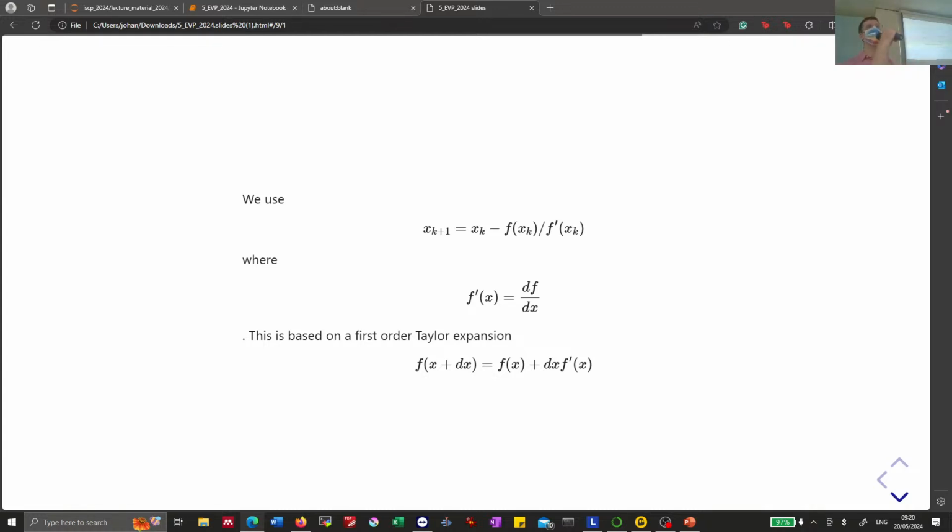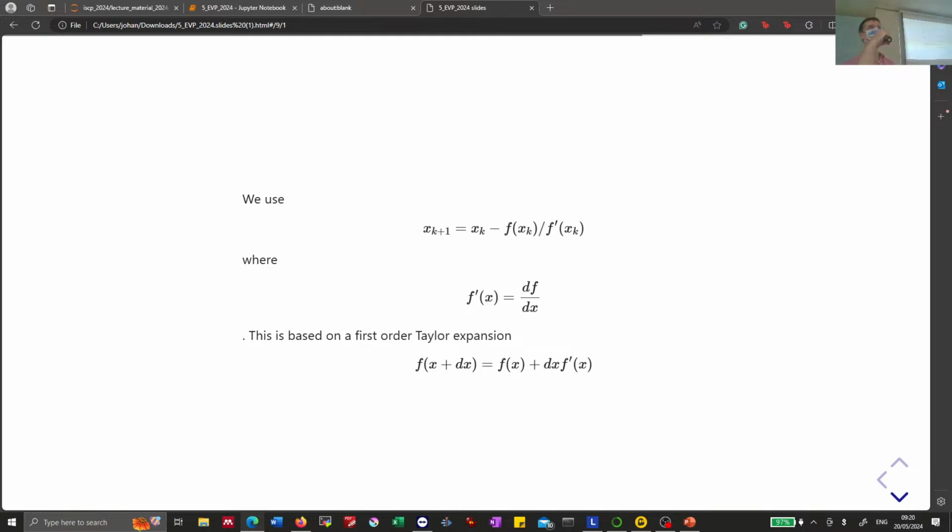Here, xk is a point on the x-axis. And indeed, it's the kth point. When I tell you it's the kth point, that means we start from k0, then we have k1 as the next point, followed by k2, 3, 4, 5. Right? And the kth point is just one of many. However, k is an integer.